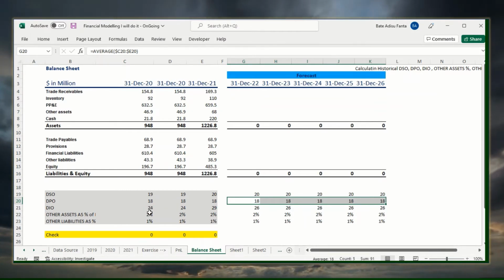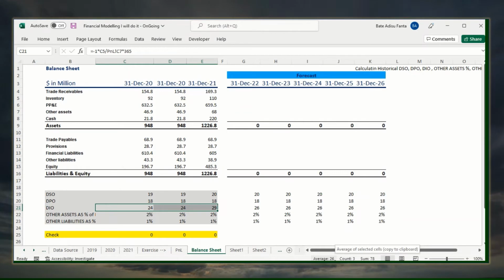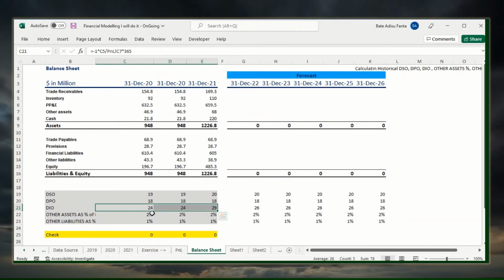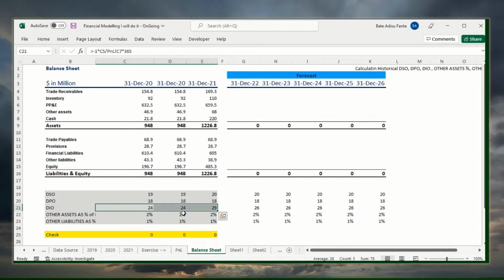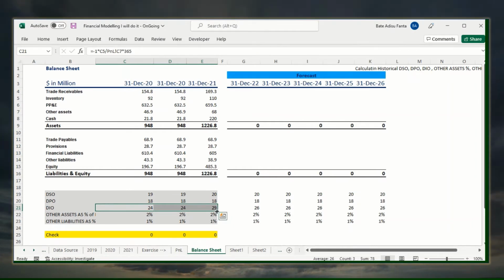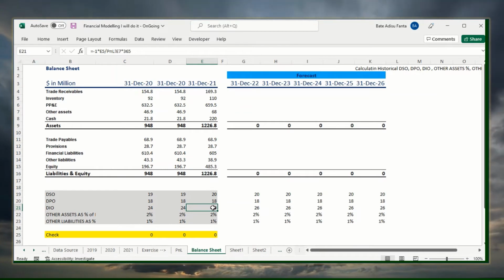So if you see DIO, the average will be 26. In 2019, 24 days it takes to turn inventory into sales, 24 days in 2020, and 2021 it takes 29 days. That means the company is not improving.